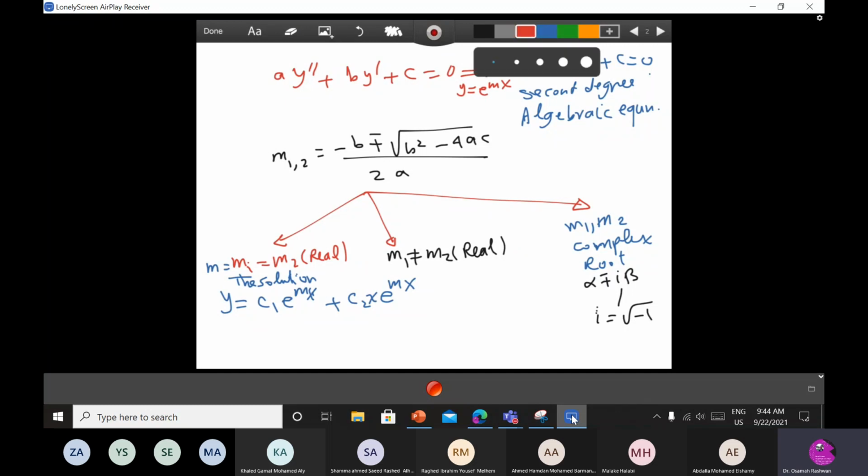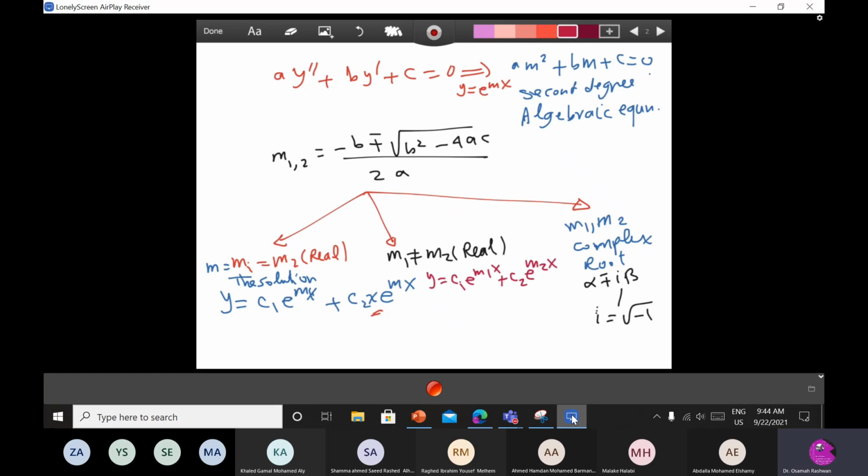Okay. Now, if they are not equal, no need for this one, right? So the solution will be y equal to C1 e to the m1x plus C2 e to the m2x.